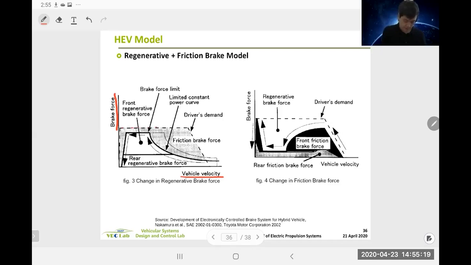This line is how much total braking force the vehicle is designed to provide. In that case, this part will be covered by the motor, and the rest will be covered by the friction brake.